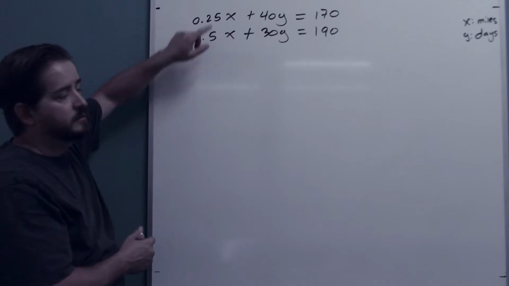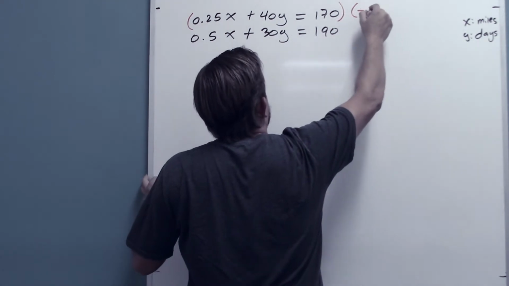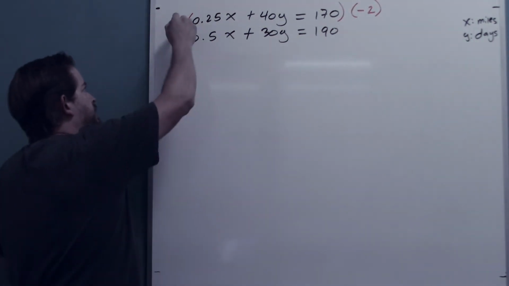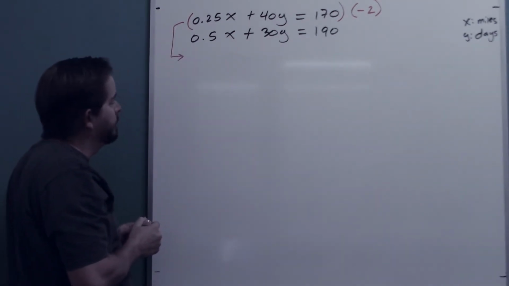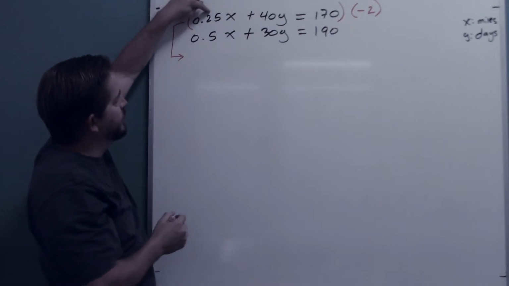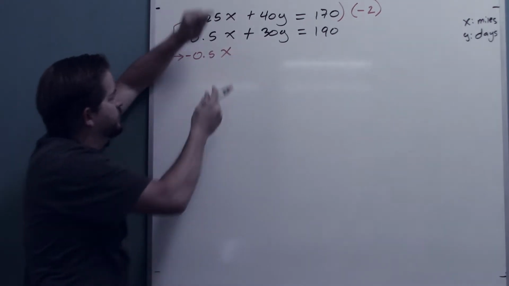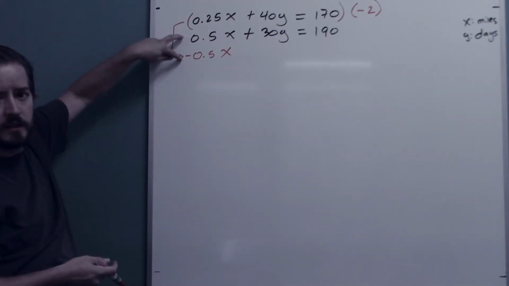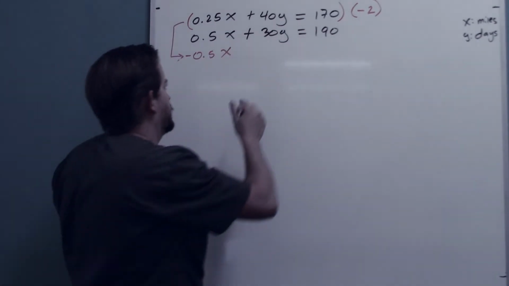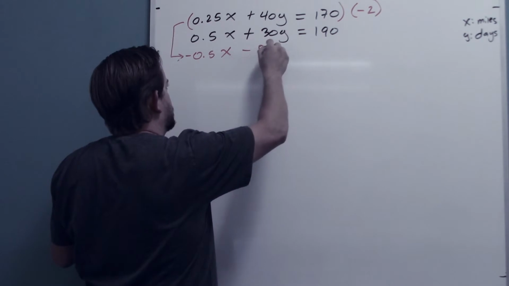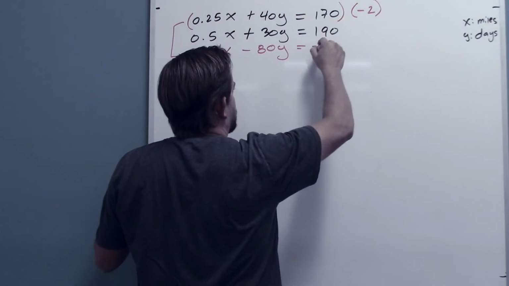So if I multiply this top equation by -2, I get -0.5x, which is convenient because if I add these two together, my x's are going to disappear. -2 times 40 is -80y, and -2 times 170 is -340.